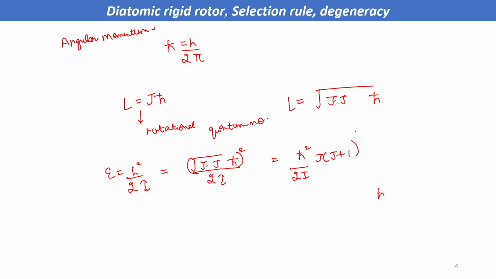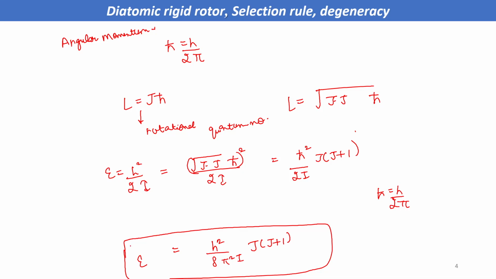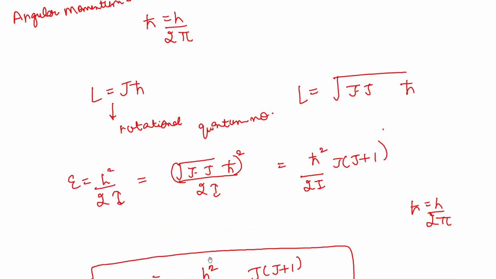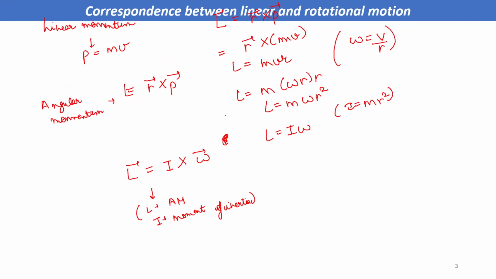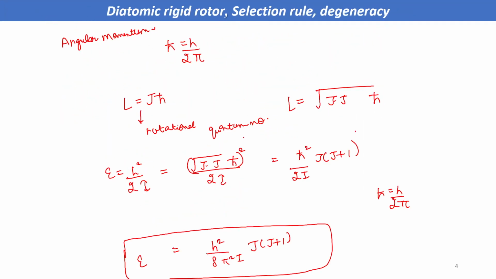You know, h cut is h by 2 pi. So we substitute the value here. So it will be h square upon 8 pi square I, J into J plus 1. And this is the value of energy. The energy is equal to h square by 8 pi square I into J into J plus 1. Is it clear? So the same expression we will also get from the Schrodinger equation.